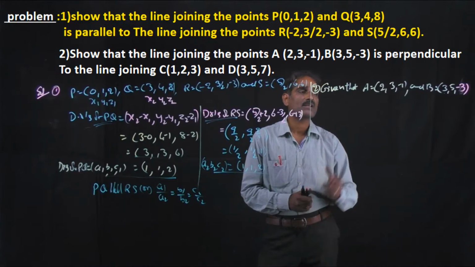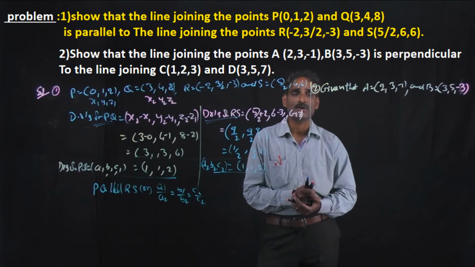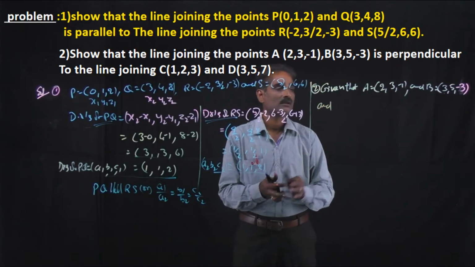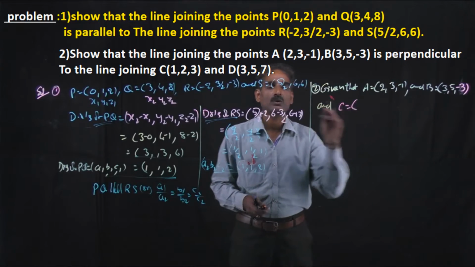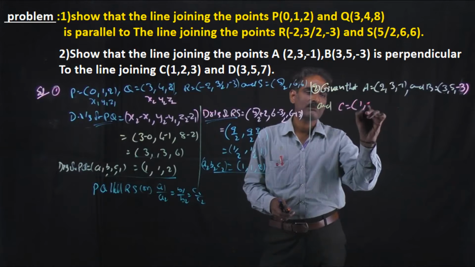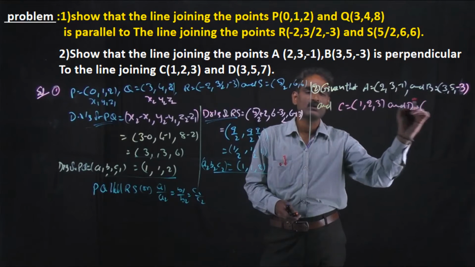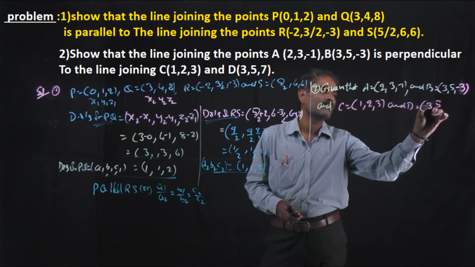We have to prove that AB and CD are perpendicular. And what about the remaining points? C is equal to (1, 2, 3) and D is equal to (3, 5, 7).